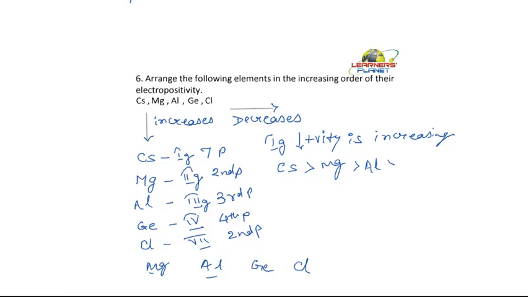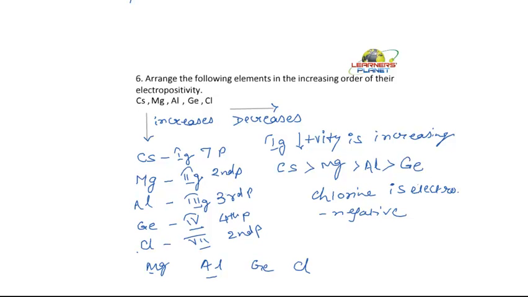After that will be your aluminium. Now in germanium and chlorine, germanium is obviously more electropositive, and chlorine, it is what? It is electronegative, right? So it should not have been there.